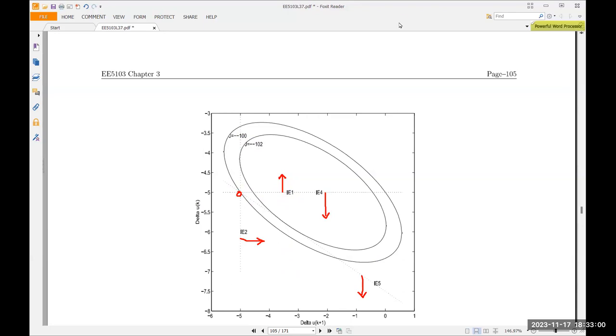Okay. I cannot use J minus 102 because you see, this is above. It's not allowed by inequality 5. Okay, so which means delta UK is minus 5.